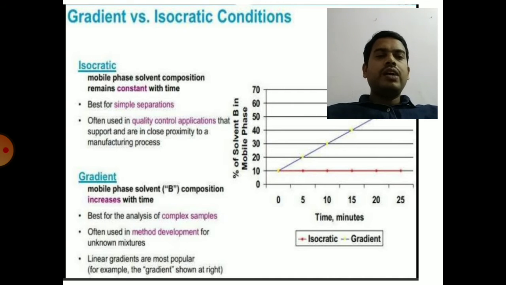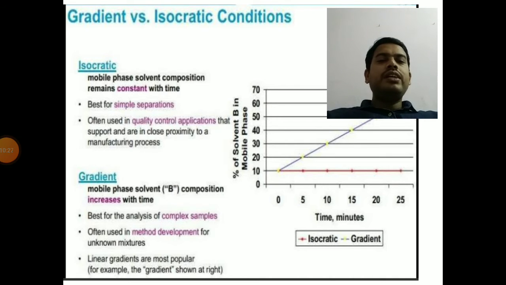Then how will you elute the sample particles from the column? As I mentioned, the elution process is by using buffers, which are mentioned in the previous slide, and different chemical compounds used as solvents for the elution of the sample particles. Generally, this elution process is carried out by two different mechanisms. One is isocratic elution and the other is gradient elution.